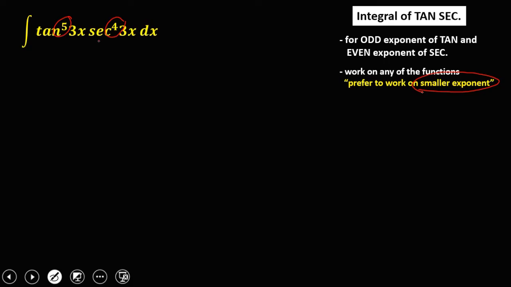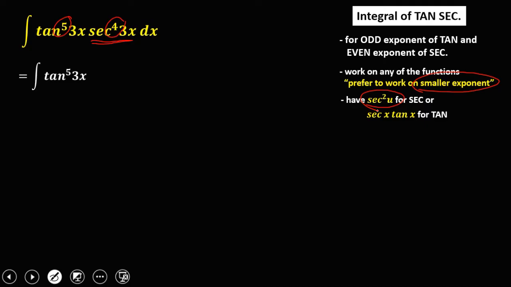Since secant is the smaller exponent, I'm going to work on secant. But remember that for secant, we need to have secant squared u, and for tangent, we need to have secant x tangent x. Since I prepare to work on secant, I need to have this secant squared u.